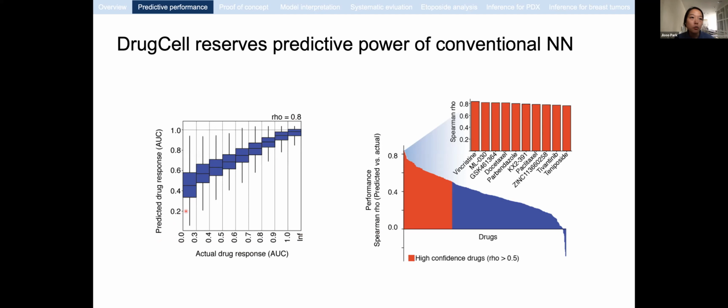We have discussed a lot about how to resolve the imbalance between the sensitive and the resistant drug response data.